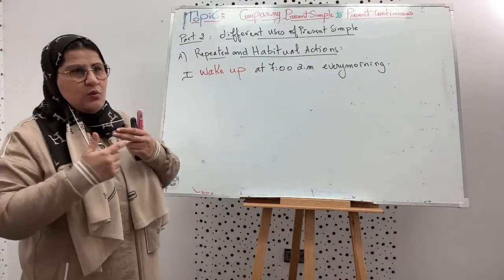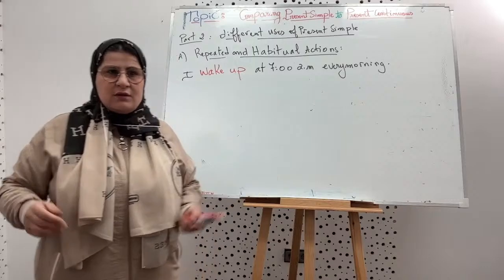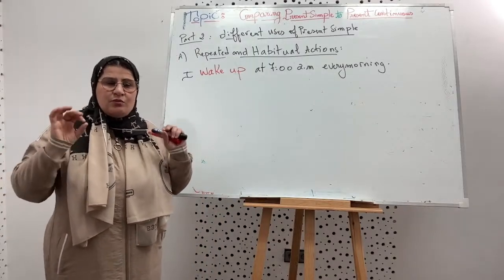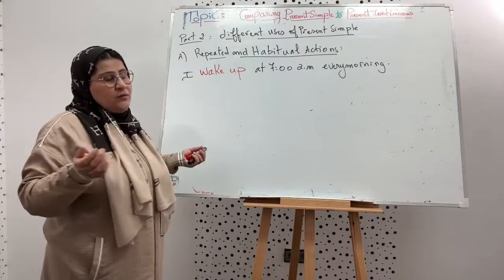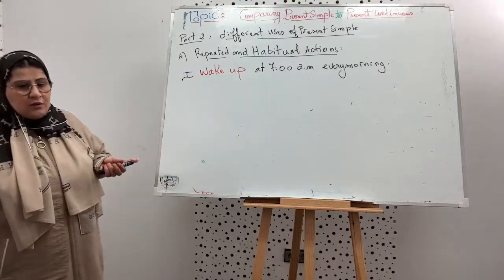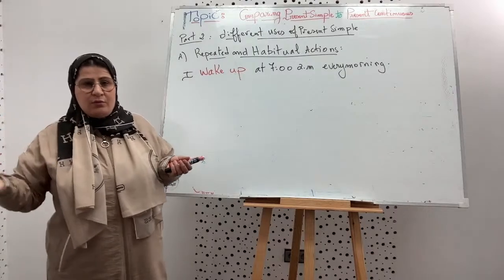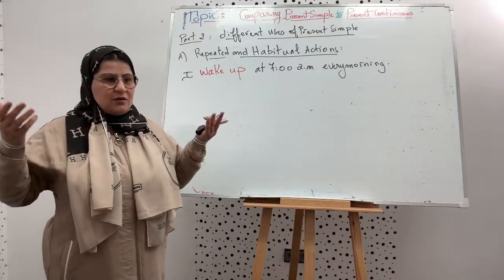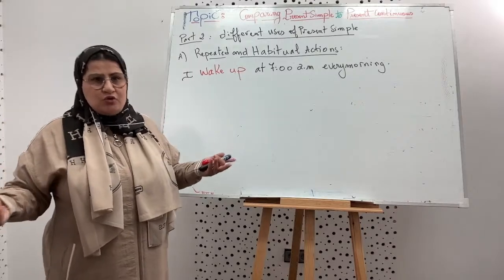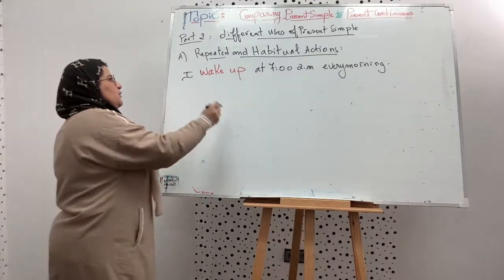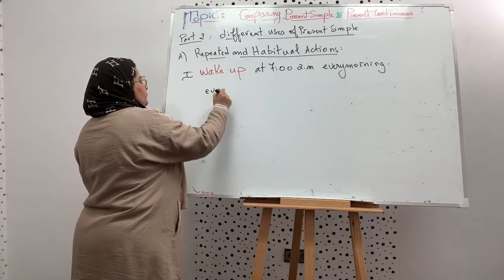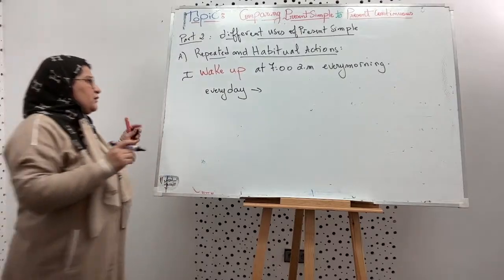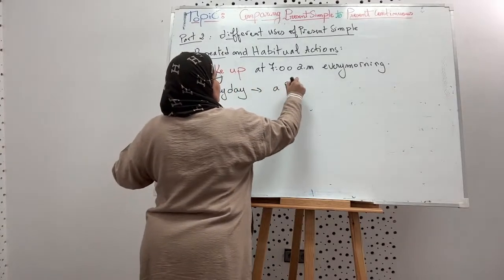Okay, when we talk about habitual activities, it's not necessarily an activity that is repeated every day. The activity could be repeated every week. It could be repeated every month, every year, or even we're talking about scientific events that happen every century. So when the activity happens every day, like this example, we call it a daily activity.